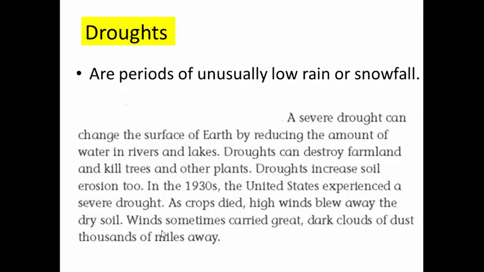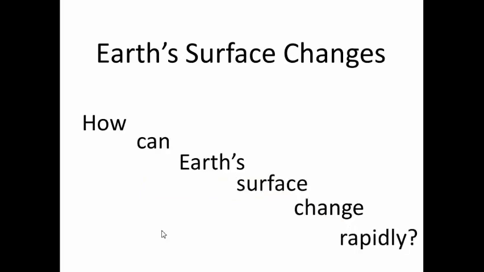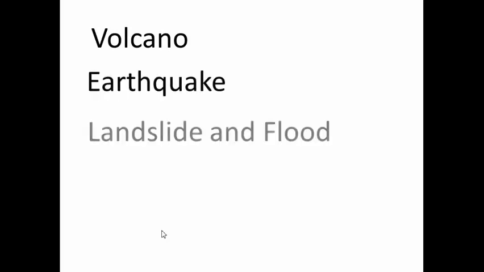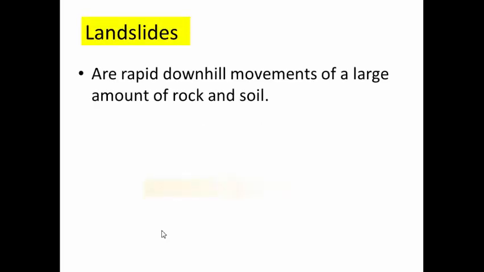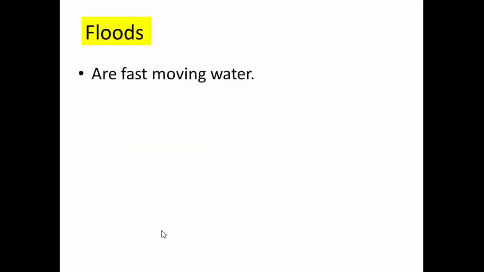Now, finally, we can conclude all of this information about how Earth's surface can change. We mentioned many factors that can change the Earth's surface: volcanoes, earthquakes, landslides, floods, and finally drought. Landslides are movement of a large amount of rocks and soil. Floods are fast-moving water.